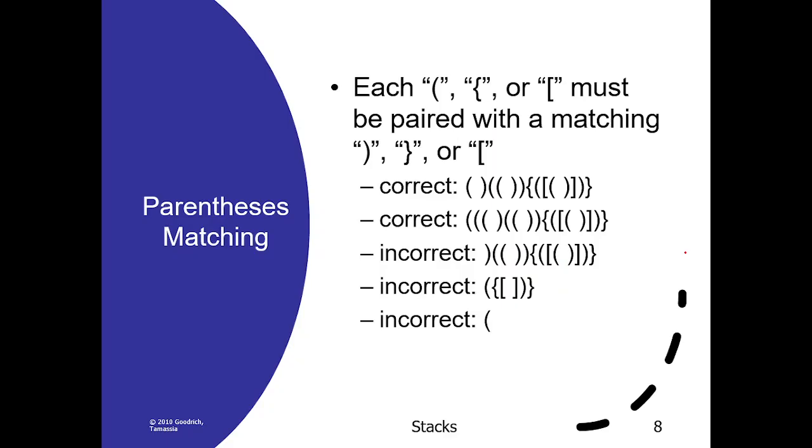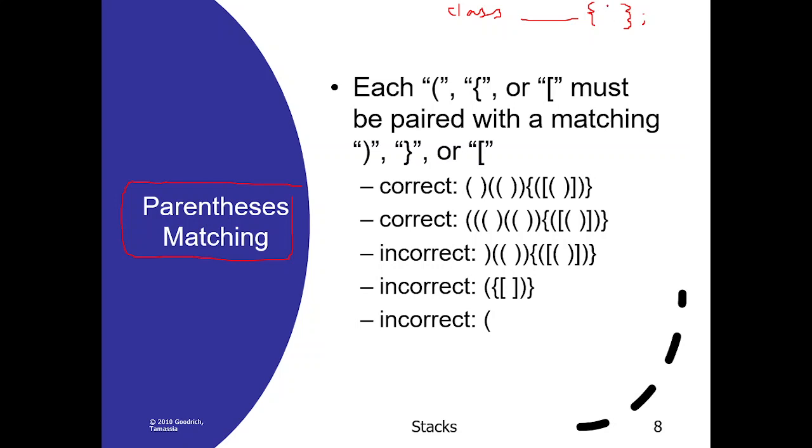This is another application of stacks, and this application is also important: parenthesis matching. Normally when you write code, for example a class definition, you say class, then provide the name of the class, and then you write an opening curly brace, and automatically a closing curly brace appears.